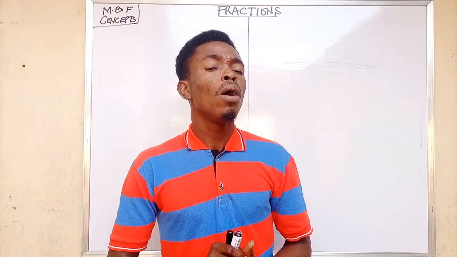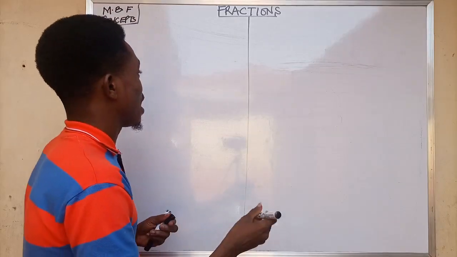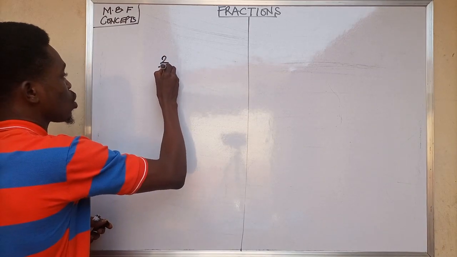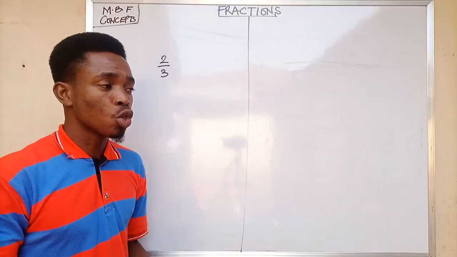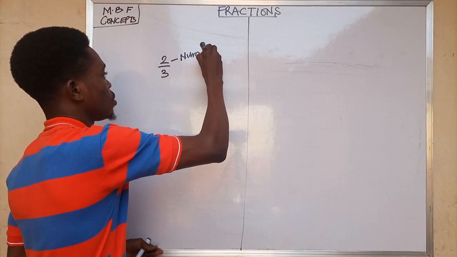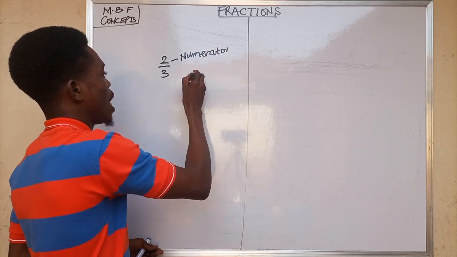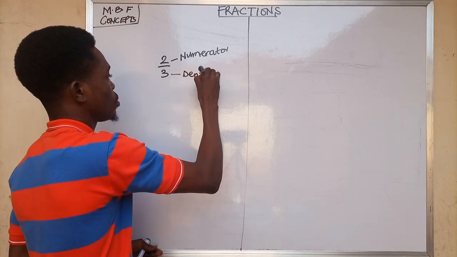Then also, we want to understand that in a fraction, what we just explained is a number placed on top of another. This is an example of a fraction. So the one on top is called the numerator, and the one below is called the denominator.